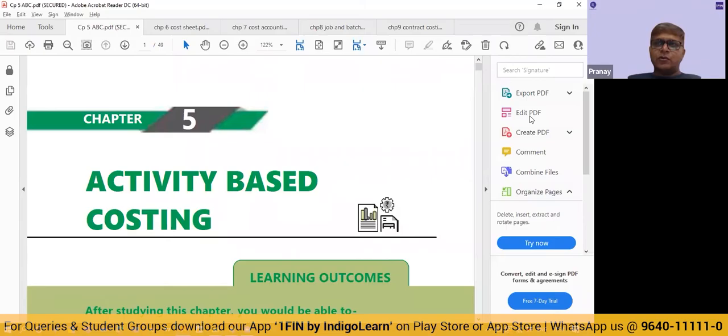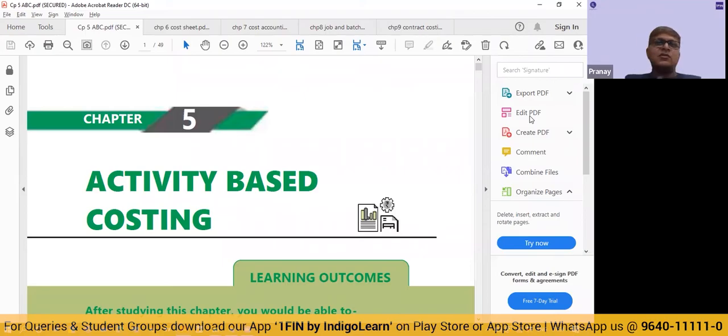But imagine a scenario where we are making two products in a factory. Product A, product B. We are making 10,000 units of product A, 10,000 units of product B, but 80% of the factory capacity is being used by product A.